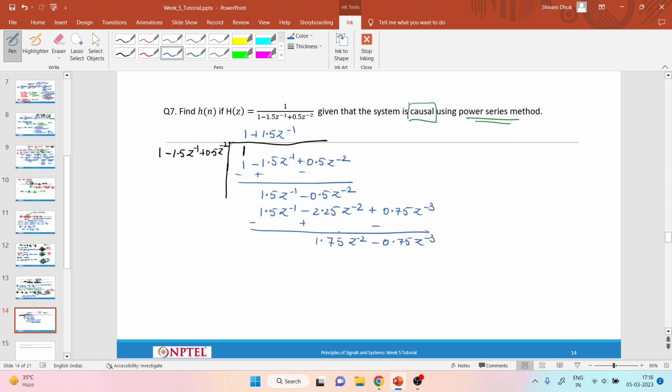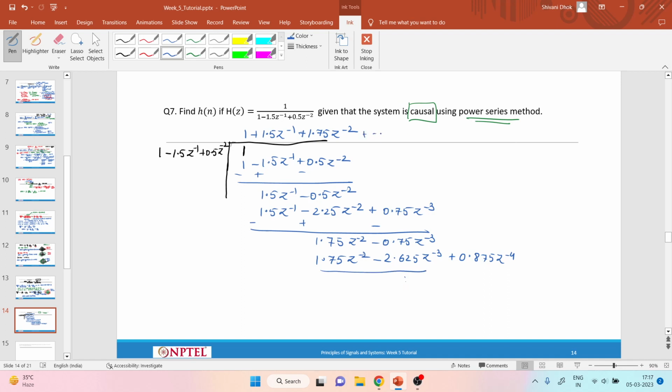Now in order to cancel this out, we will multiply it by 1.75 z power minus 2. So we have 1.75 z to the power minus 2, sorry, this is minus 2.625 z to the power minus 3 plus 0.875 z to the power minus 4, and we'll go on repeating this process.